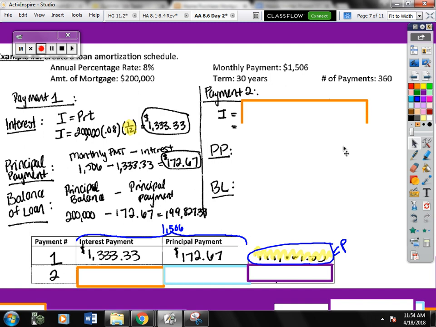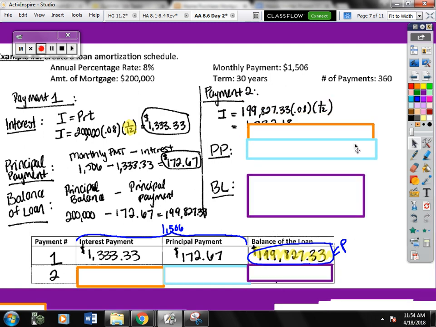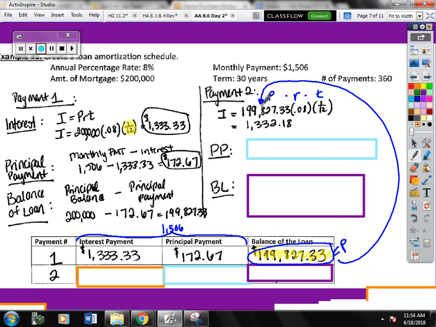So we're going to do P times R times T. Again, the principal is now the answer we got from part 1. The rate stays 8%, and as I said, T will always be 1/12 because you're doing this monthly. And you can put that in your chart.